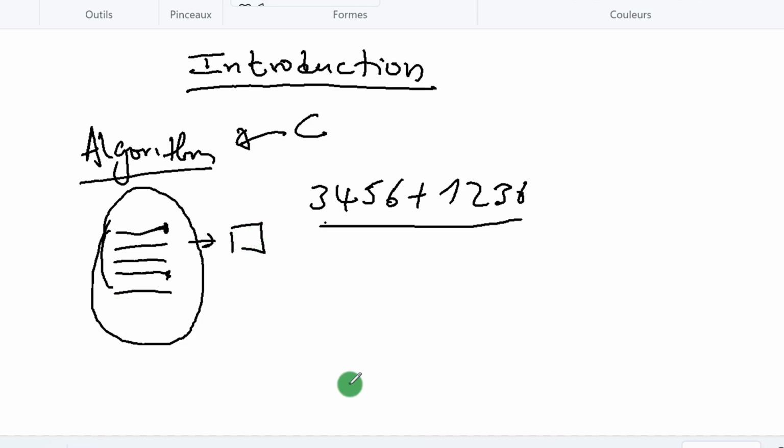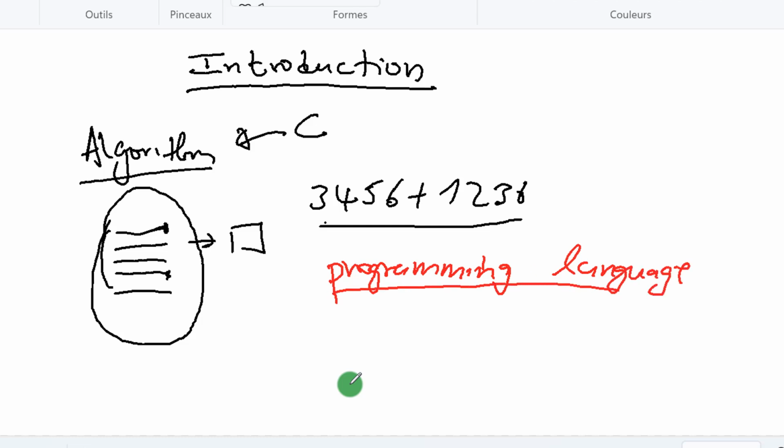That is why we have created what we call a programming language. Meaning that you'll be writing your algorithm using a programming language, and this programming language is understood by the computer. Very important to know that. And concerning our chapter, the programming language that we are going to study together is the C programming language.